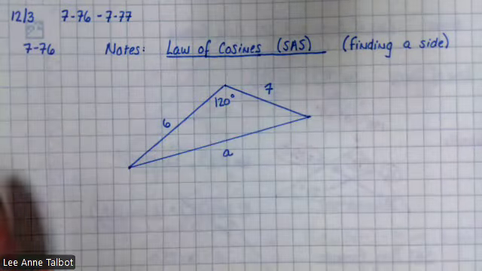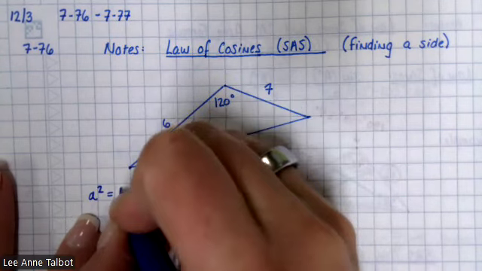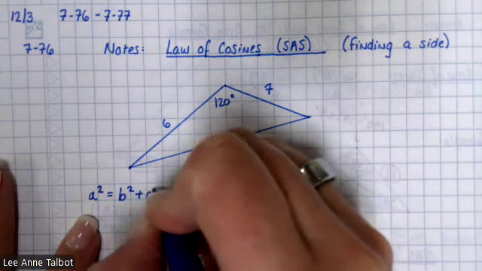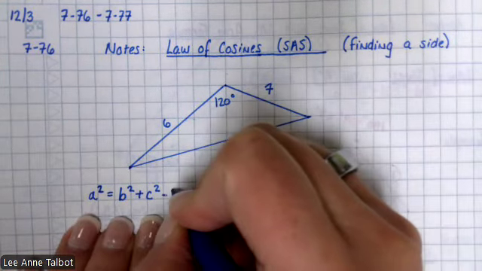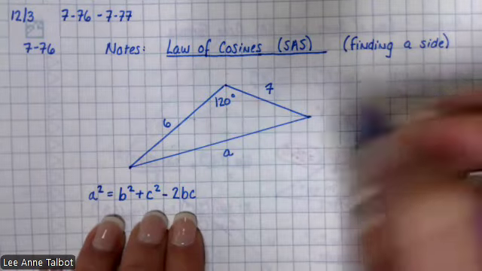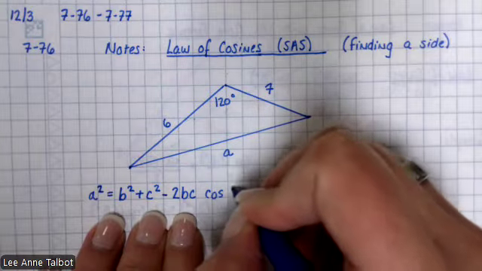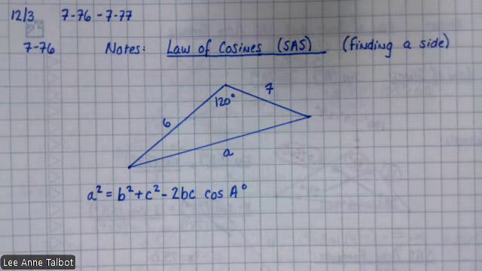Yeah, sorry. a squared equals b squared plus c squared. Looks like Pythagorean theorem, but it's not. Minus 2bc cosine of A degrees. Okay, as I told you, it looks terrible. I promise you it's not terrible.